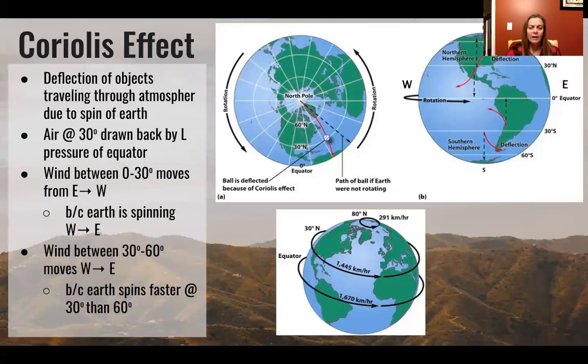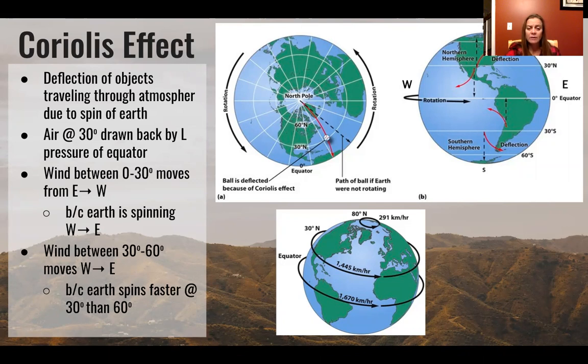Okay, now the Coriolis effect. So the Earth rotates, as I'm sure you know, from west to east. Because the Earth is rotating, that impacts things that are traveling through the atmosphere, and it causes a deflection. So our air is falling at 30 degrees.